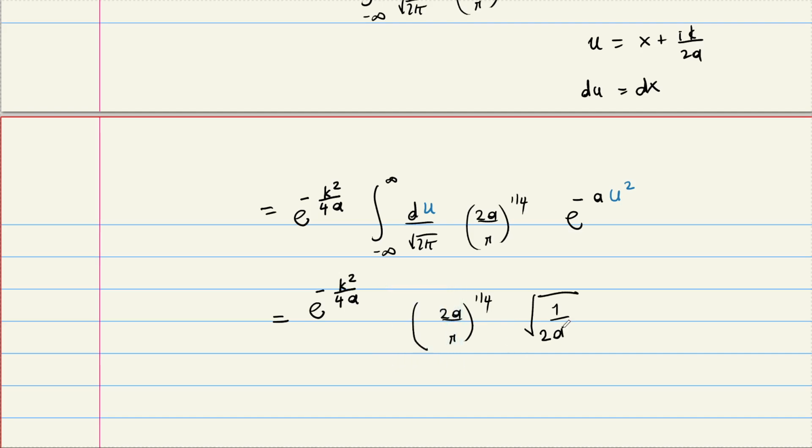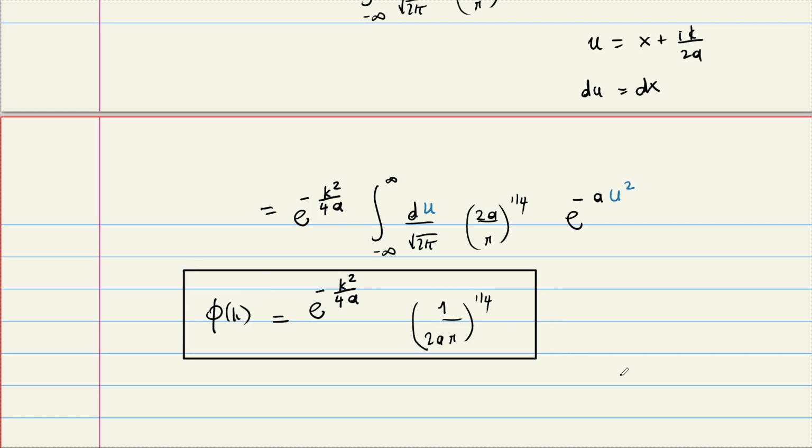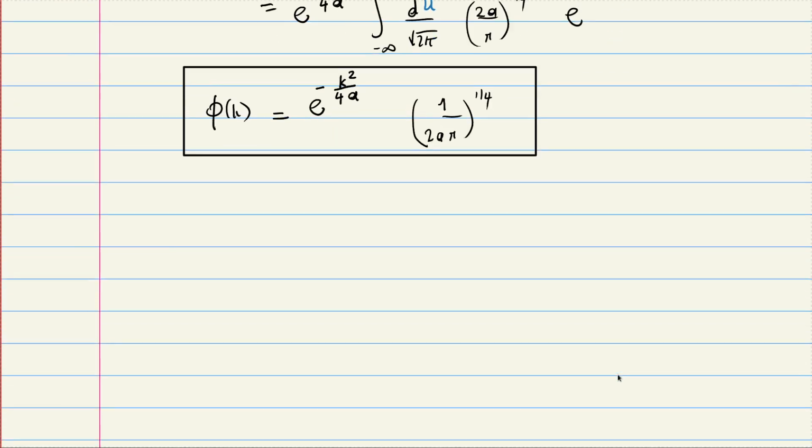This is 1 over 4, so it enters like 4a squared, and this is 2a pi, pushed inside the parentheses. Let me check, 1 over 2 pi a is good. So this is phi of k. If this is phi of k, we are done.